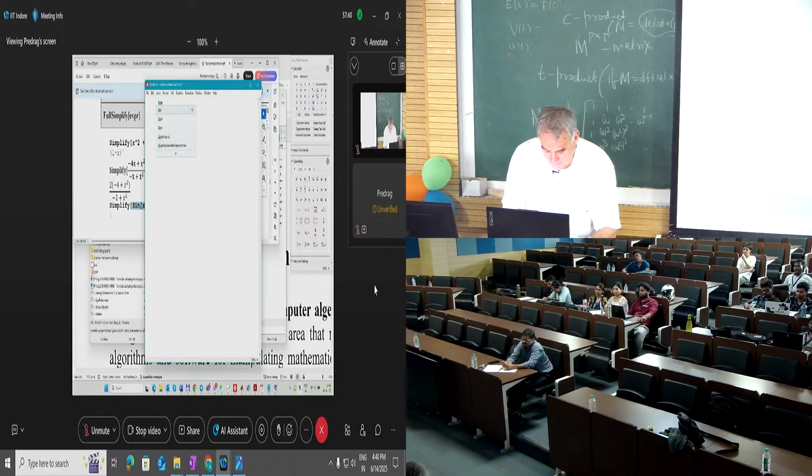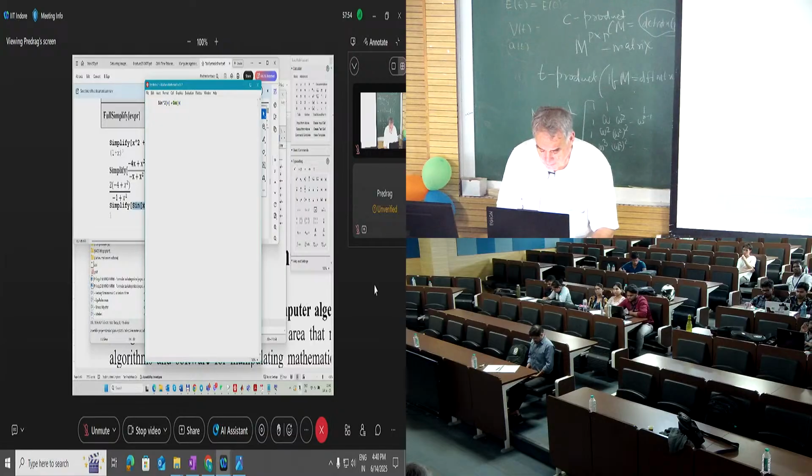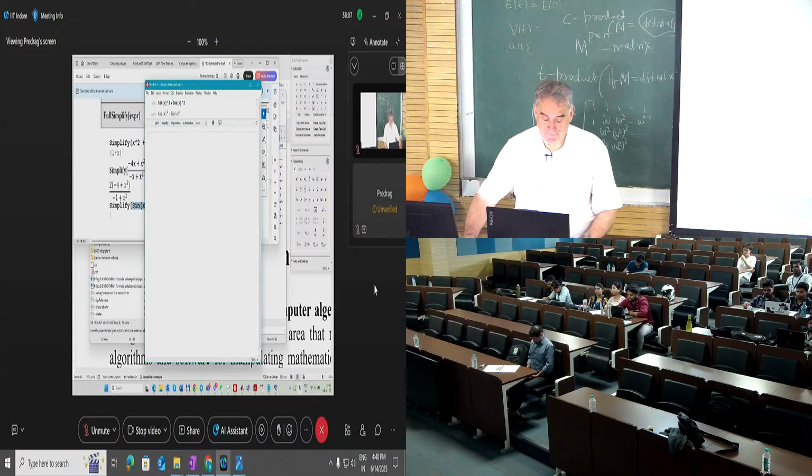Sine square of x, x is unevaluated, plus cosine square of x, stays the same.